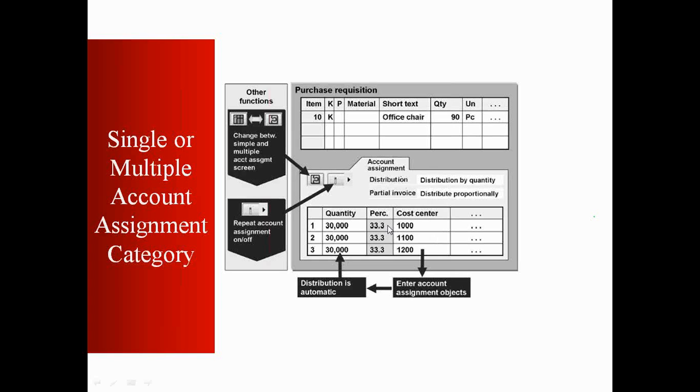From the finance side of SAP, we need to see where the system should be posting the financial data. So 90 pieces may be divided into 3 or 4 departments, and we want to divide those 90 pieces to 3 different cost centers, because they will be used in different departments.